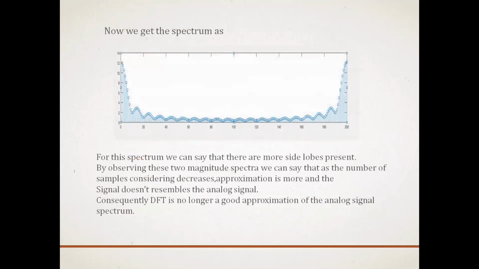Now, we get the spectrum as shown below. For this spectrum, we can say that there are more side lobes present. By observing these two magnitude spectra, we can say that as the number of samples considered decreases, the approximation gets worse and the spectrum doesn't resemble the analog signal. Consequently, the DFT is no longer a good approximation of the analog signal spectrum.